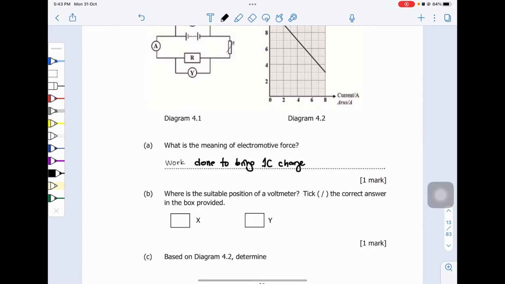Same as voltage, but what's different is here: in a complete circuit. For voltage, it is work done to bring 1 coulomb charge from one point to another point, any point. But for EMF, we are talking about the complete circuit.